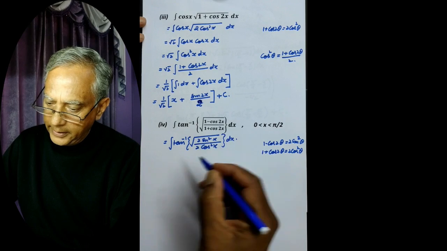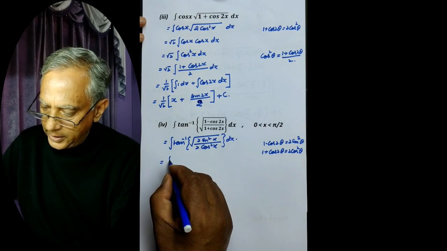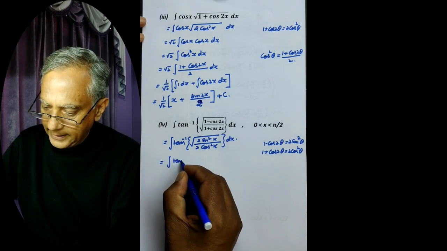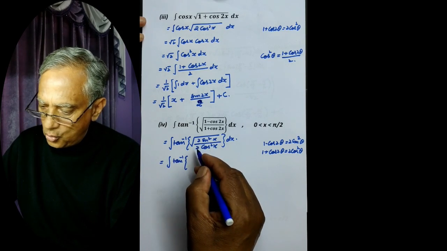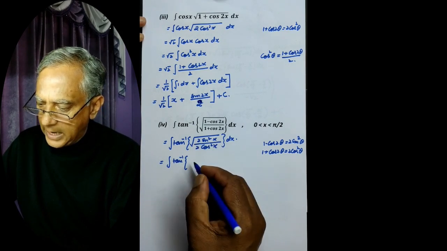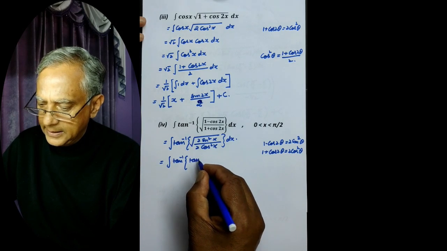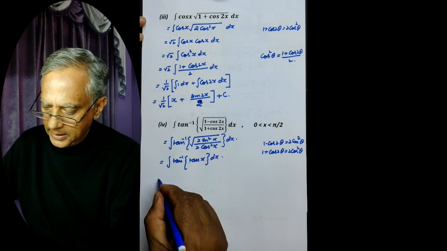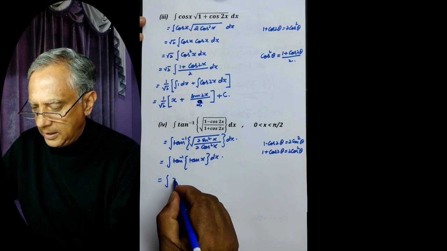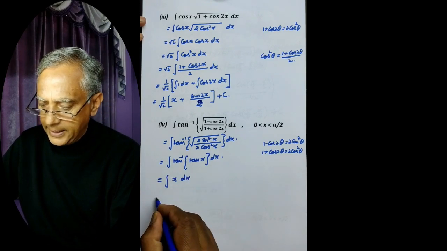into dx. And this is equal to integral tan inverse, 2 cancels, and we have under root tan square x, that is tangent x dx, and this is equal to integral x dx.